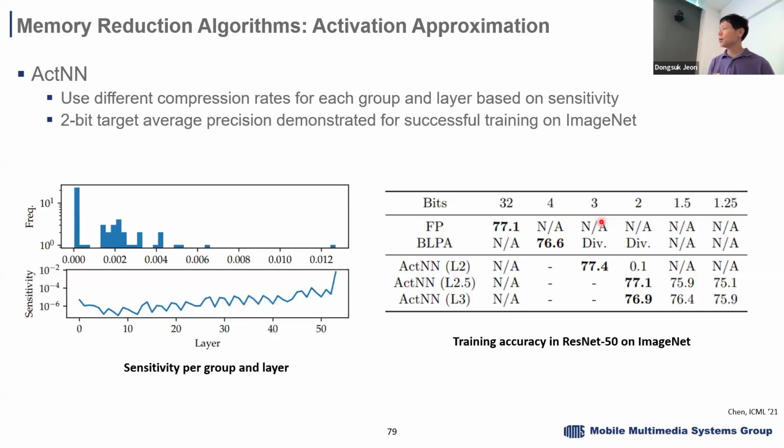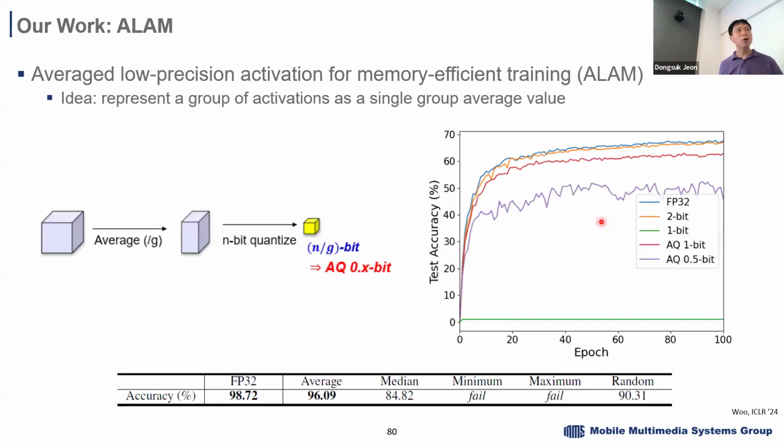In previous papers, some people showed that we can quantize those values to some extent, maybe down to 2-bit or 3-bit, and even if you deeply quantize those values, you see very little performance degradation in the training. We wanted to push it further, to maybe 1 bit or even lower, like 0.5-bit precision.